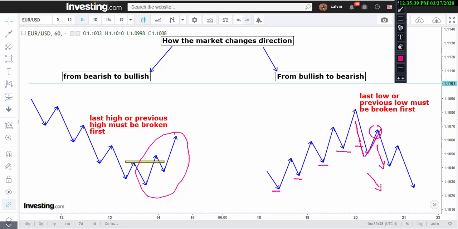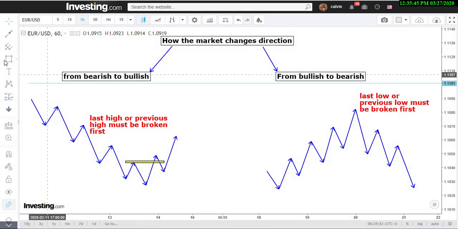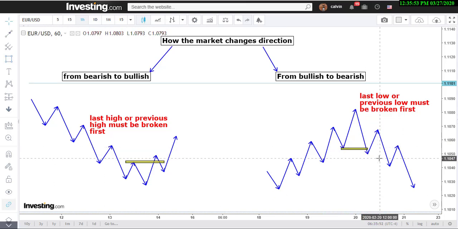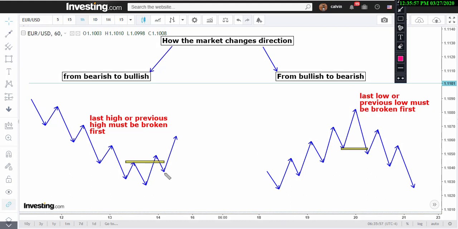So let's move on. From here, you see this new leg here, it can retrace back to this low. Even on this side, you can retrace back to this.